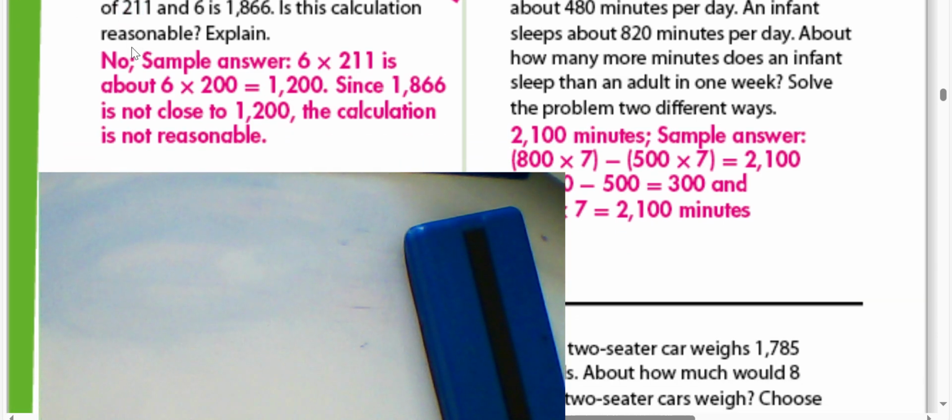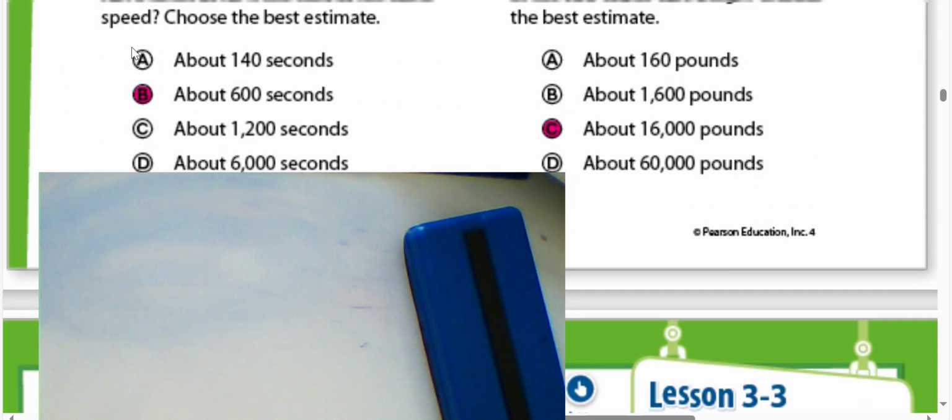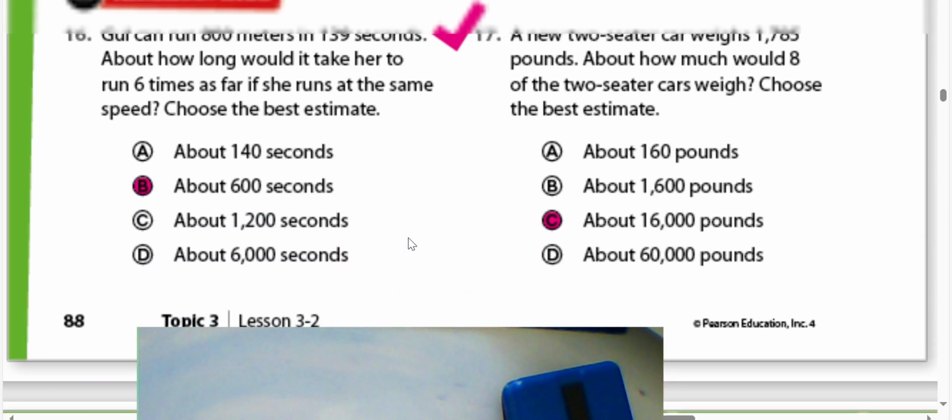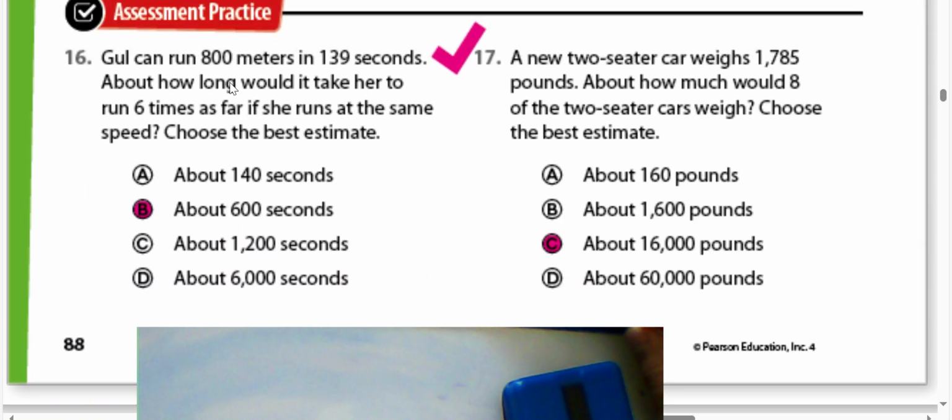Next question. We have here a question about approximating. Joel can run 800 meters in 139 seconds. About how long would it take her to run 6 times as far if she runs at the same speed? Choose the best estimation.